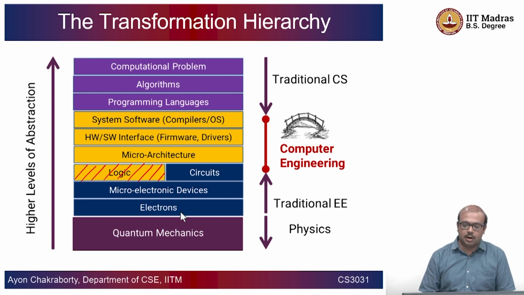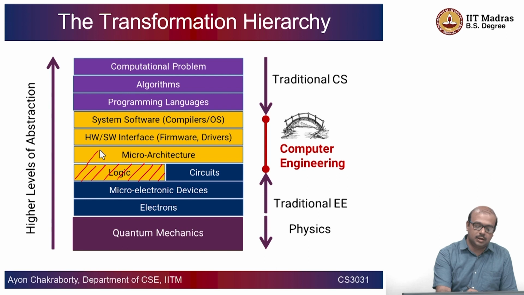So once we know how this digital logic could be used to implement digital circuits, we are going to take a look at the microarchitecture of a CPU or a central processing unit or a computer for that matter. It is going to consist of various such logic circuitry, and that will be the focus of the second part of this particular course.